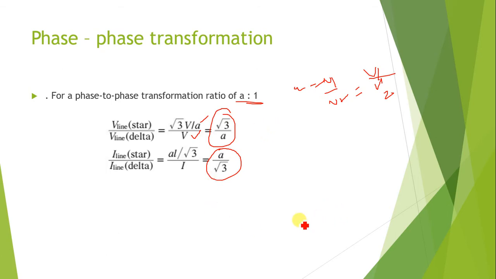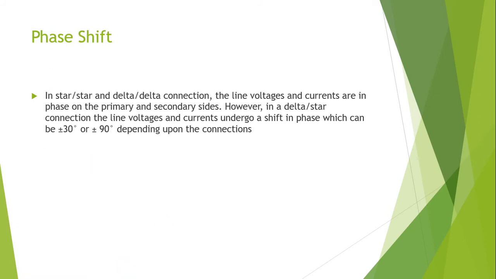Phase to phase transformations in case of star and delta: V line by V line in delta is root 3 by A, and I line by I line in delta and star is equal to A by root 3. These are the two conversions. Now, phase shift.